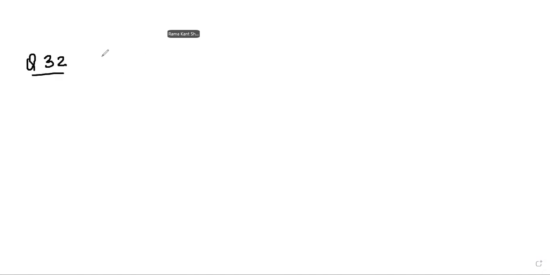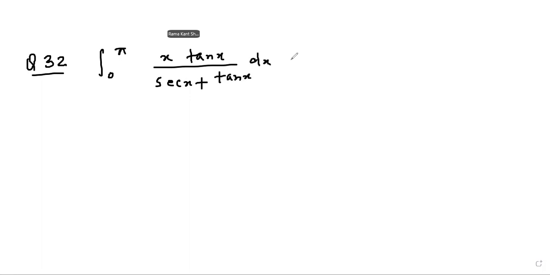Question 32 says 0 to pi x tan x divided by sec x plus tan x dx. 0 to a fx dx equal to 0 to a f of a minus x dx. This property we can apply here.